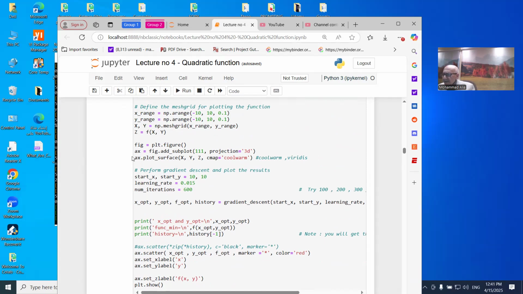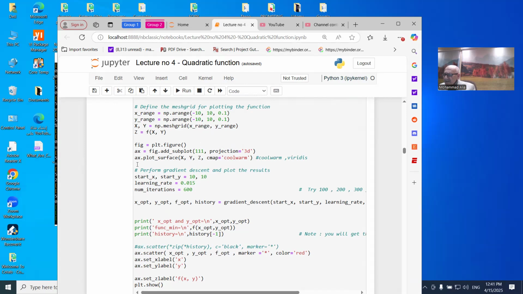We create an axis in this figure. So from this figure, we call add_subplot, and we pass the instruction projection equal 3D, so as to create a three-dimensional axis.